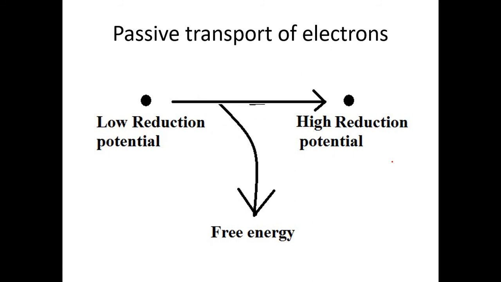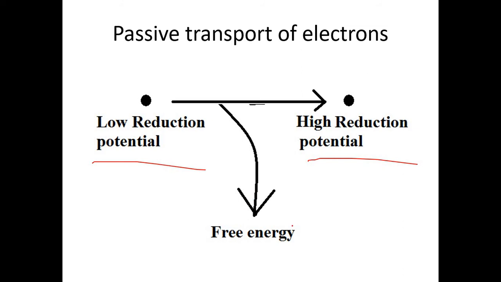Now, how are the electrons transferred from NADH to oxygen? Here the transfer of electrons is a passive transfer. Electrons always get transferred from low reduction potential to high reduction potential. So electrons move from a substrate having low reduction potential to a substrate having high reduction potential, and this passage releases free energy.